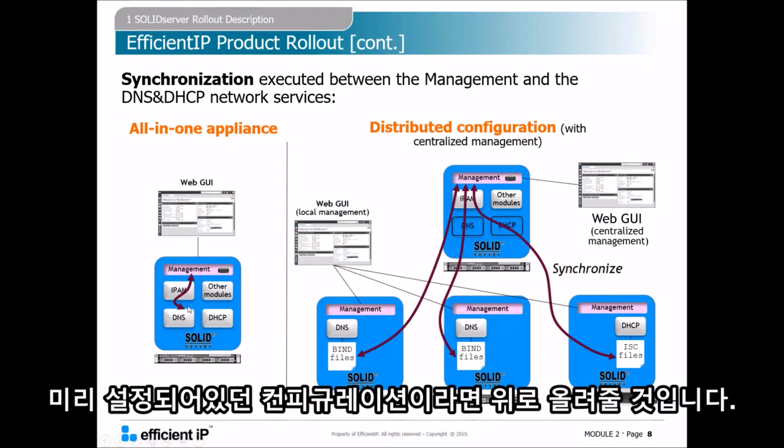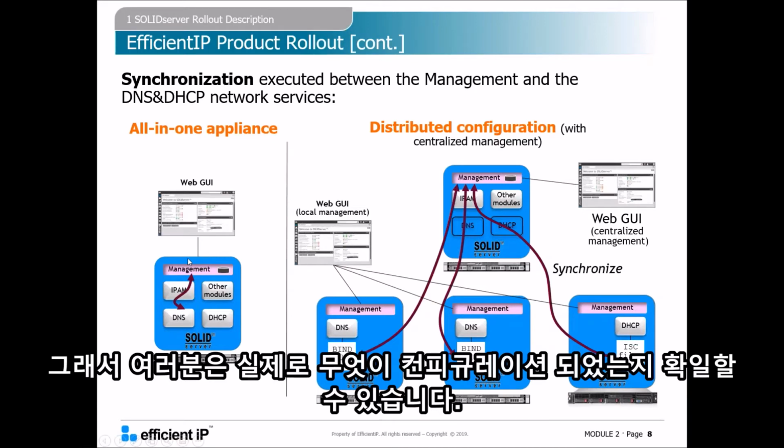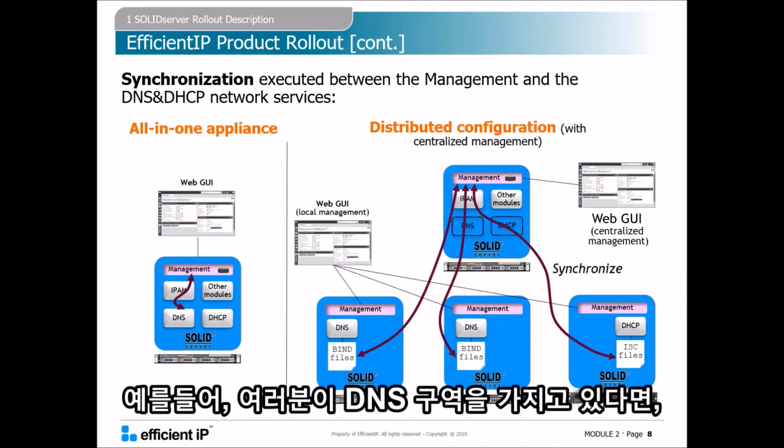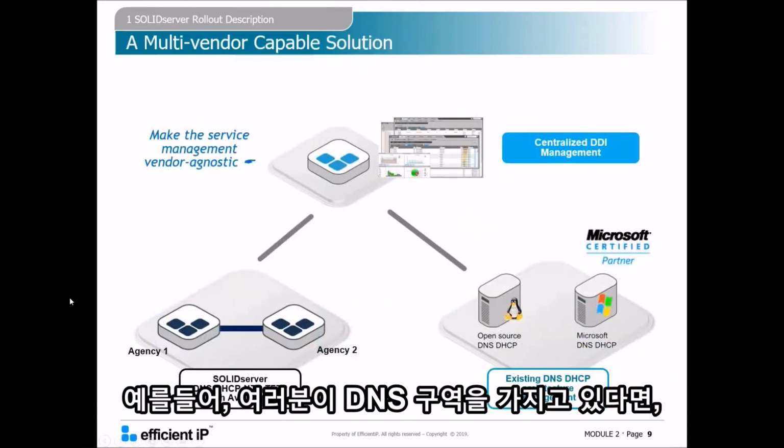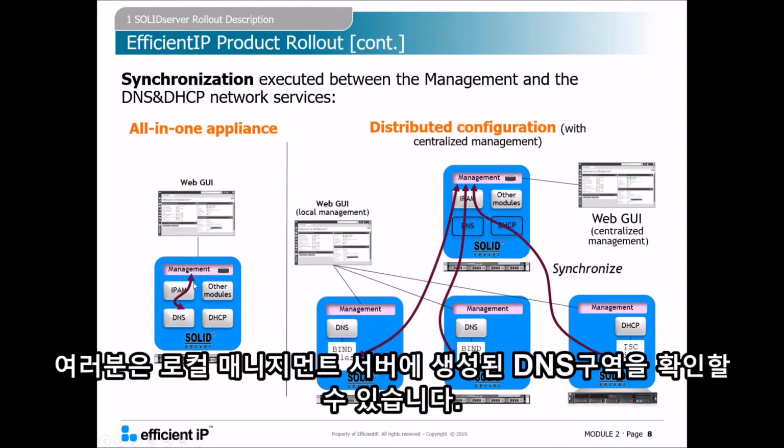Any configuration that was set previously will be pushed up and updated into the management, so you can actually see what is being configured. For example, if you have DNS zones, then you will see the zones being created on the local management server.